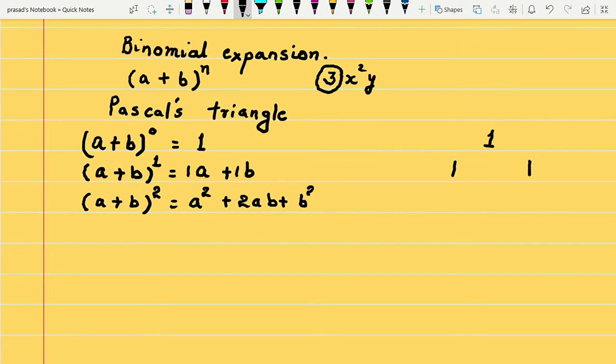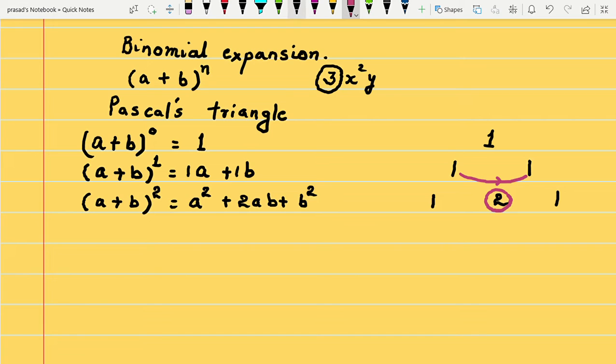So the coefficients are 1, 2, 1. So here you can see one pattern. Now in each row the ends are 1, and if I add this 1 and 1, I get 2 that I am writing in the middle in the next row.